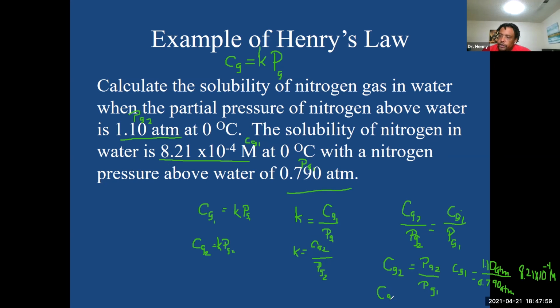CG equals, I have to rely on your calculations. I don't know if this is right, but I got 5.89 times 10 to the negative 4. That sounds right.